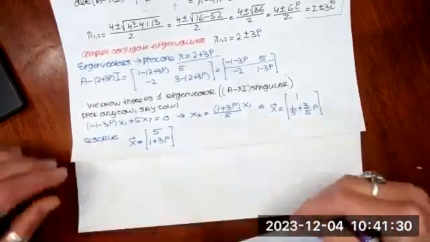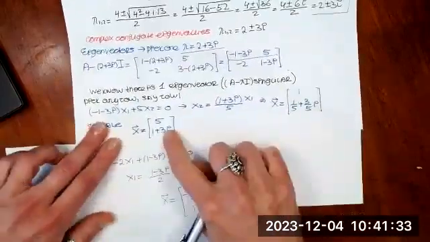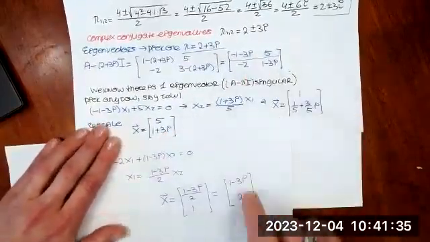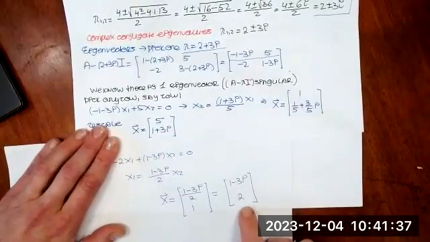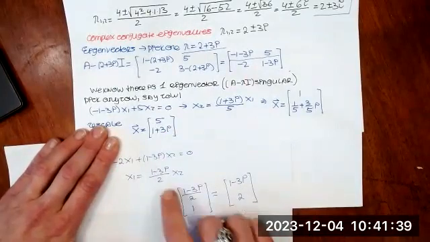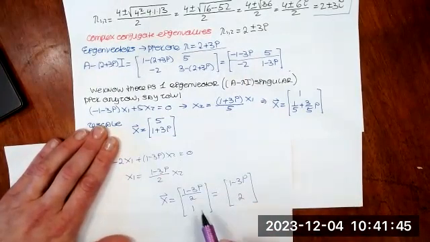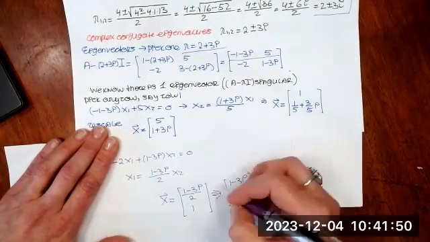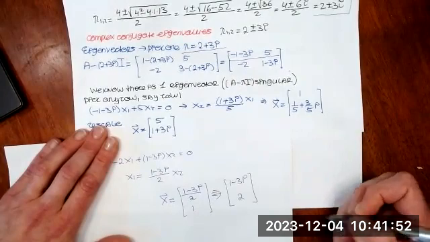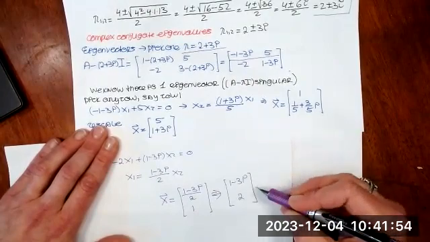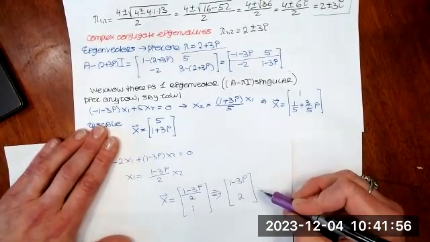So this is the eigenvector I got from using the first row, and this is the one I got from using the second row. But they are actually the same vector, because remember, now we're dealing with complex numbers. When I did this rescaling, I multiplied by 2 to get rid of the denominator. I also can rescale by multiplying by complex numbers.